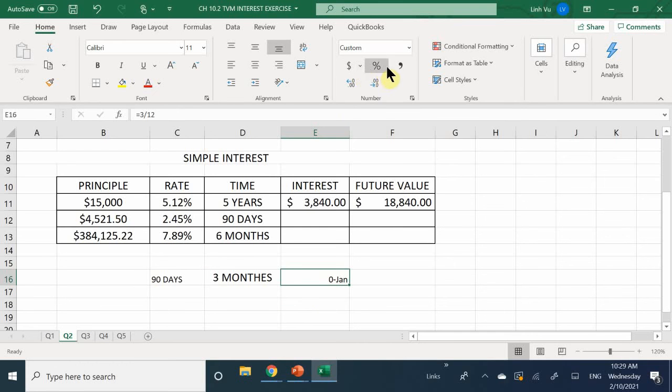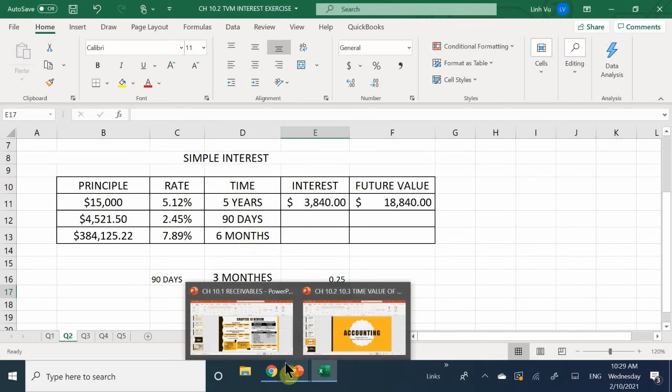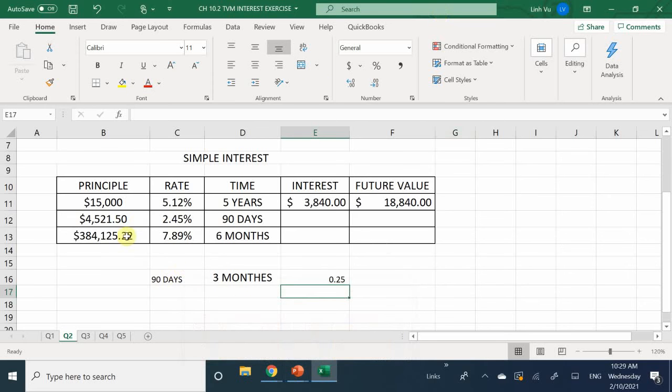Okay, I'm going to format it. So 0.25. We know that when we're calculating this, we're going to calculate in terms of years. So instead of using 90 days, we know that 90 days is equivalent to 3 months, which is equivalent to a quarter of a year.